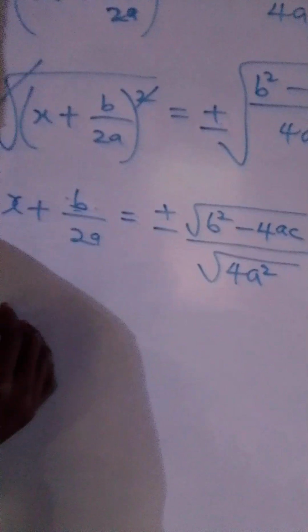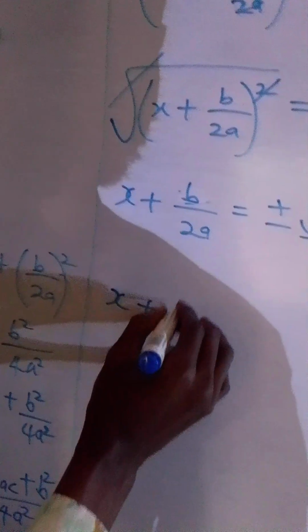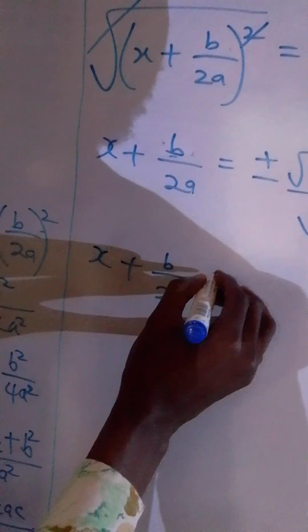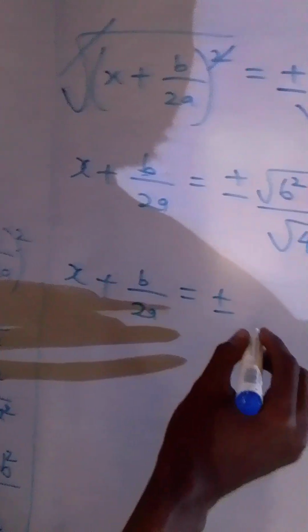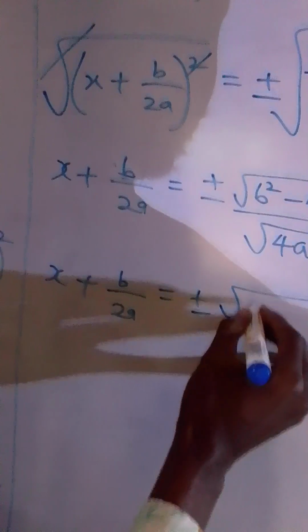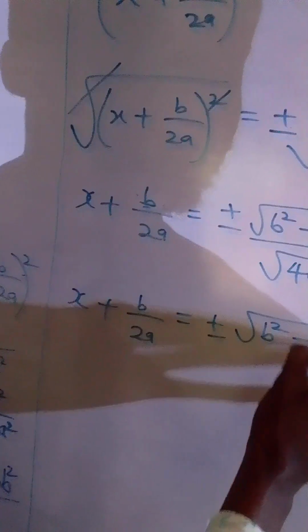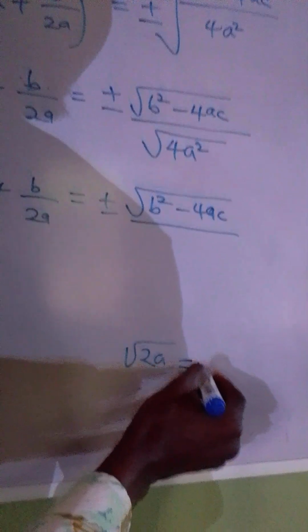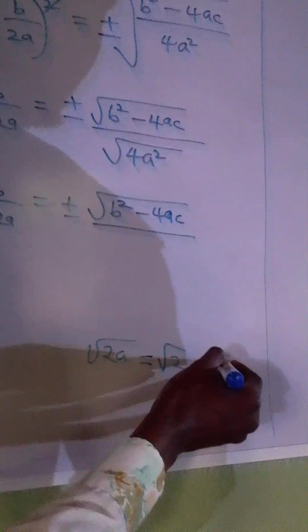So we now have x plus b over 2a equal to plus or minus square root of b squared minus 4ac over, when you have something like square root of 2a, it is equal to square root of 2 times square root of a.